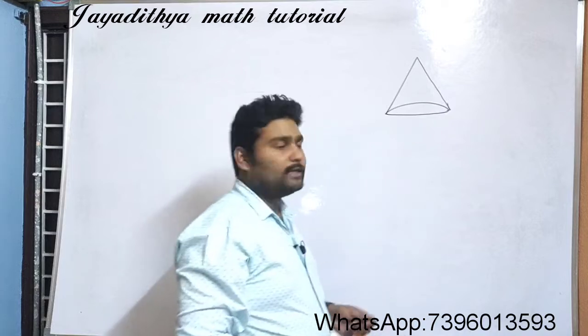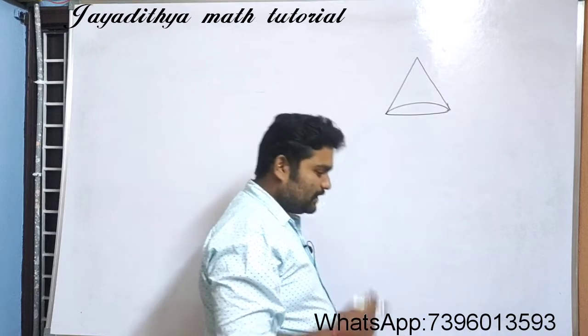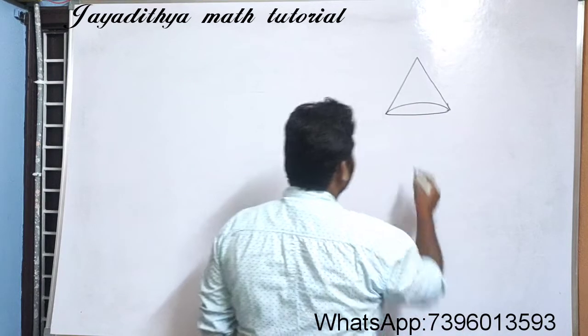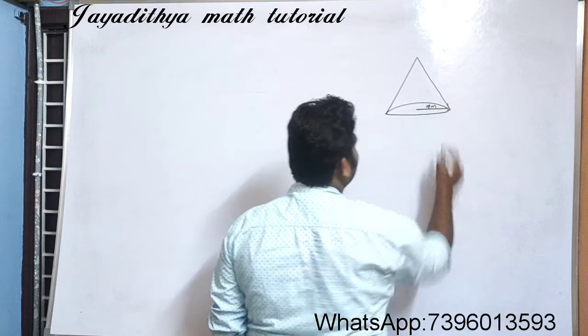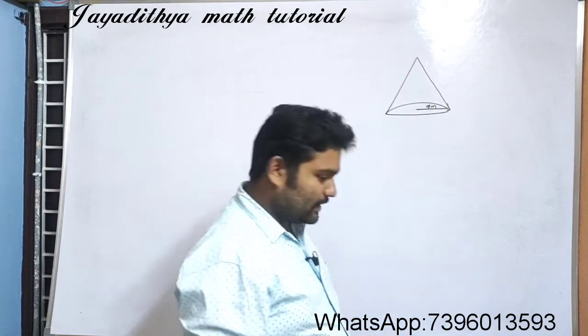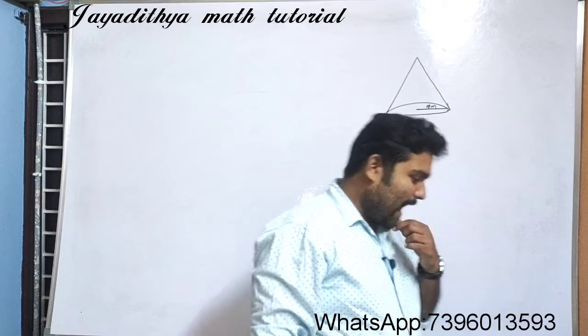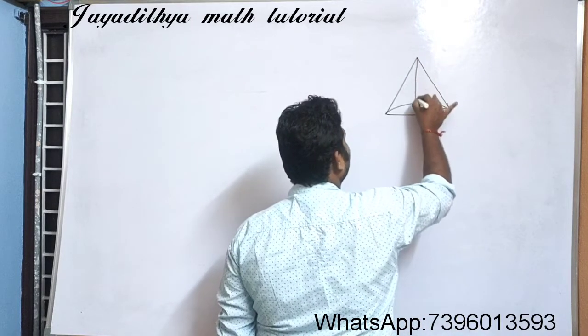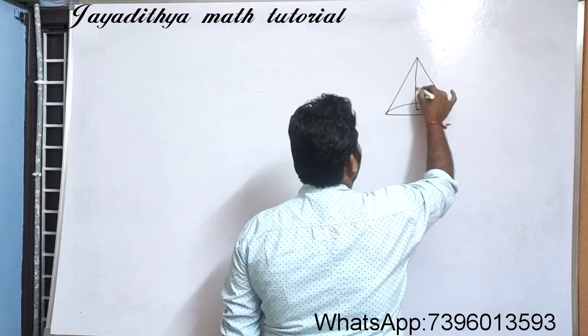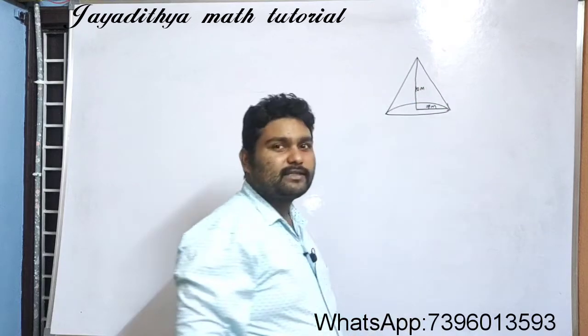So what information is given here? The radius of the conical tent is 7 meters, and its height will be inside the cone. If you don't remember, see my previous class. The height is given as 10 meters.